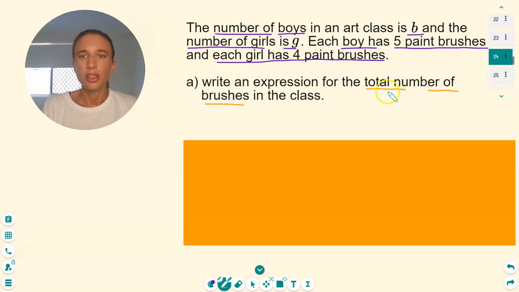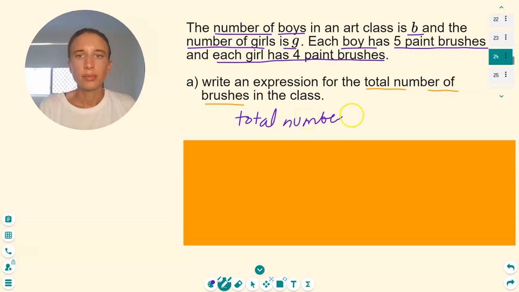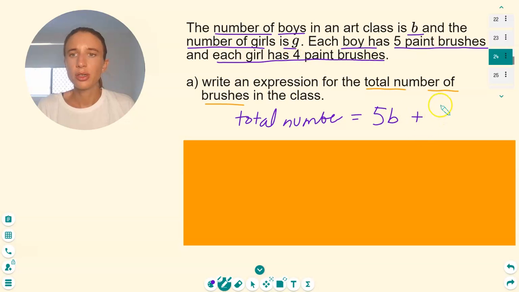All right, the total number is going to be 5 for each boy, so 5 times the number of boys, 5 paintbrushes per boy, and we have 4 paintbrushes per girl.